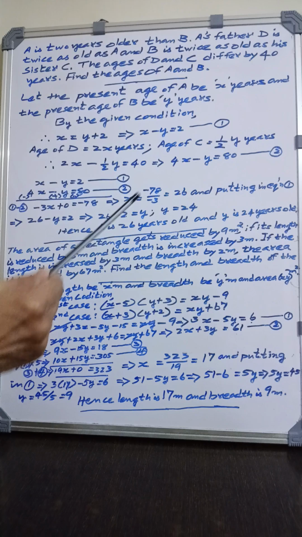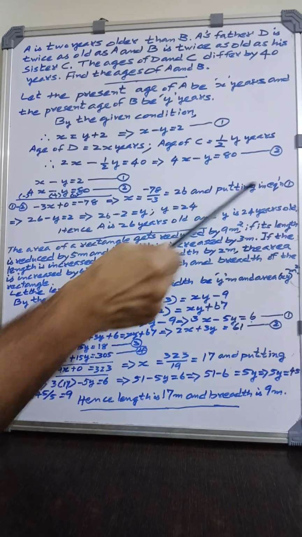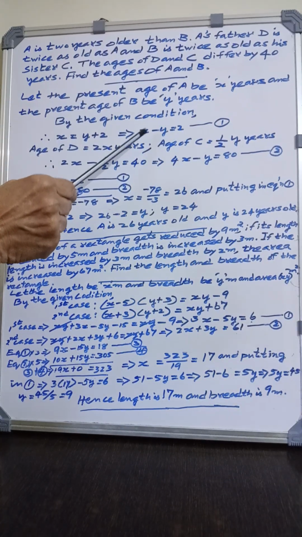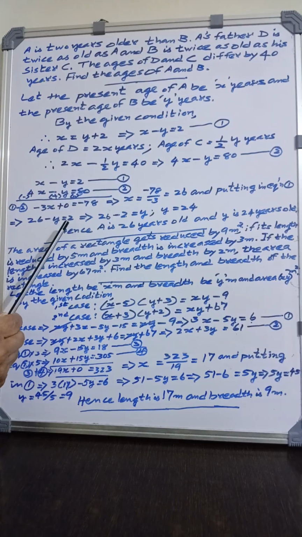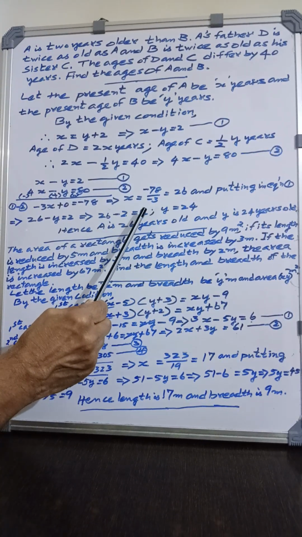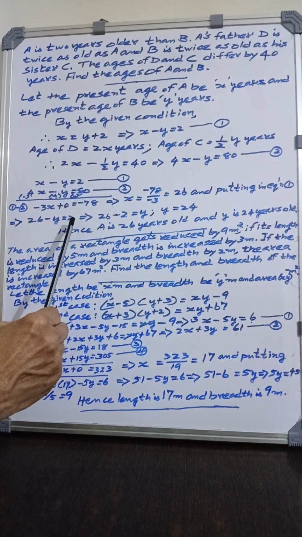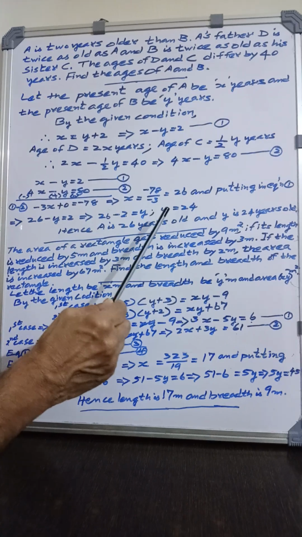We already defined the age of A as x, so it is 26 years. Putting in equation 1, the first equation is simpler: x minus y equals 2. Therefore, 26 minus y equals 2. 26 minus 2 equals y. 2 transposed to the LHS and y transposed to the RHS: 2 becomes negative and y becomes positive.